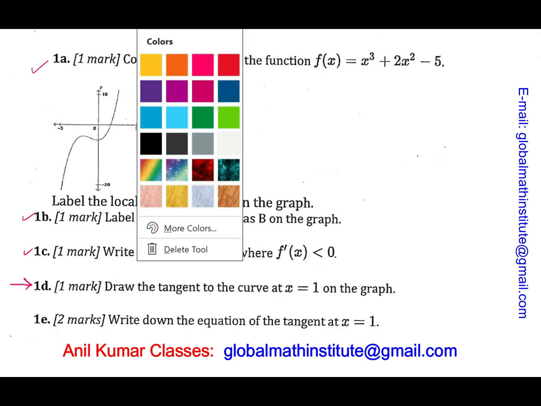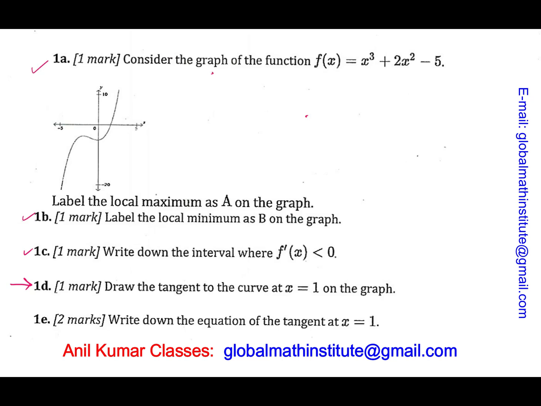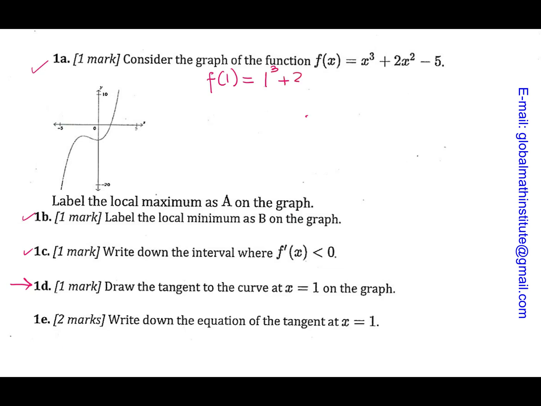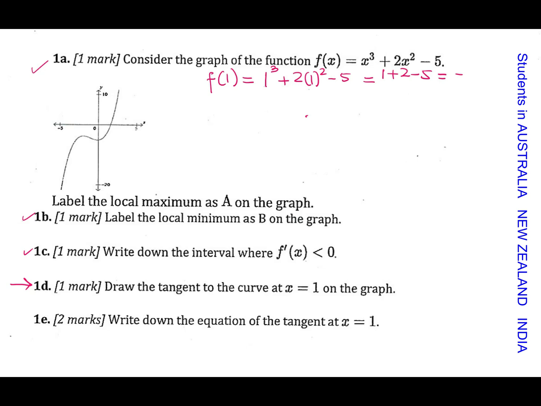So let's find the value of the function at x equals 1. What is f of 1? If I substitute, I get 1 cubed plus 2 times 1 squared minus 5, which is 1 plus 2 minus 5, which is minus 2. So at 1, we get a point which is shown here, right?